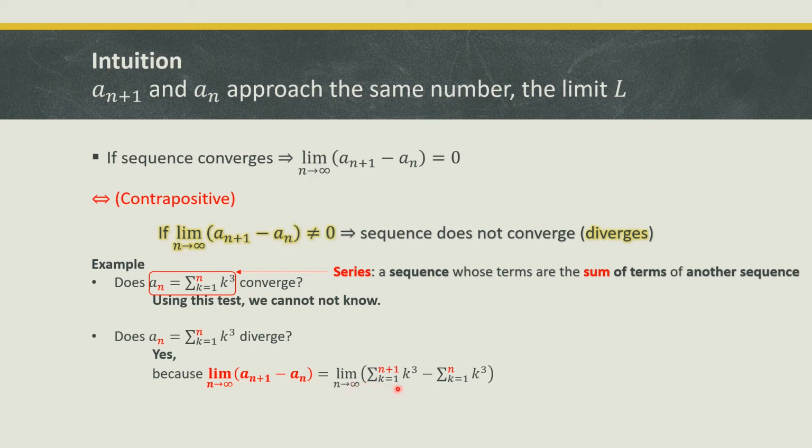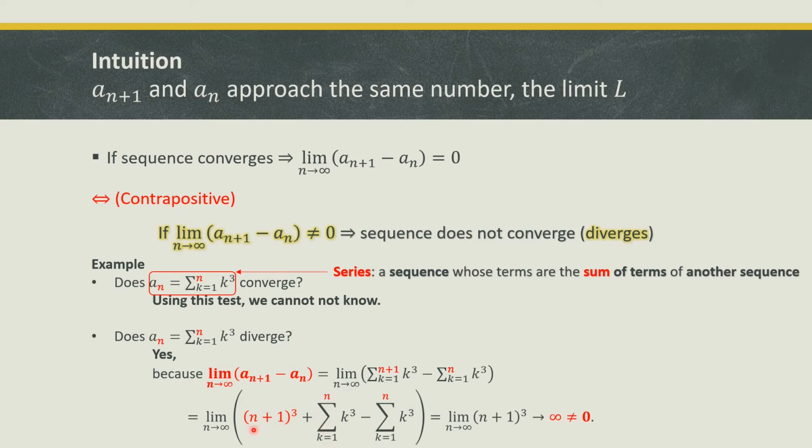And the answer to that is in fact yes, because if we compute this difference again, the limit becomes like this. So here we have n plus 1 as the last term. Here we have n as the last term. And for those of us who may need to review this summation notation, I'm just expanding it here more clearly. So this term here is retained here, while this term is broken into two terms. The term up to n and the n plus first term.